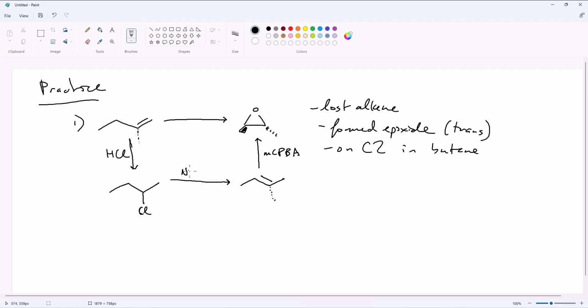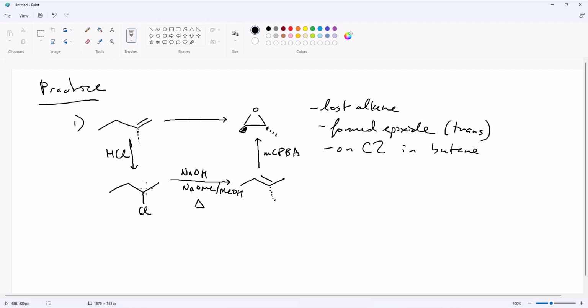This can be done with NaOH. This can be done with NaOMe. In this case, I would specify heat. In general, it's good to specify heat when we do an elimination reaction, just to make sure we don't do the competing substitution reaction that can compete with elimination. So NaOMe and methanol, and heat will force the internal alkene to form.